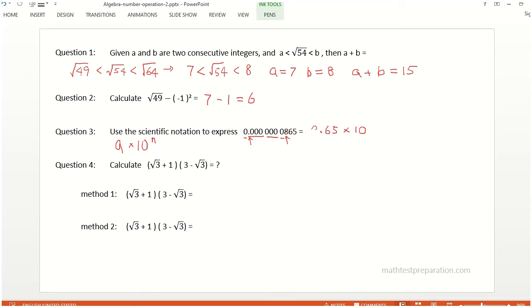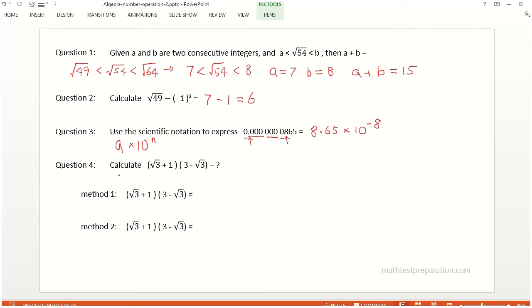There are total 8 zeros. So here n is -8. So we get this number equals 8.65 multiply 10 to the -8th power.